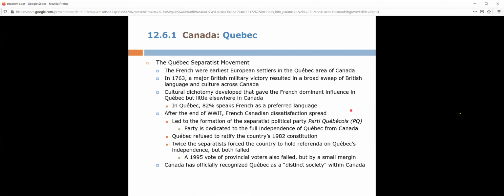In case you weren't aware, Quebec wants to be its own country. I know, it seems kind of weird, right? But Quebec was one of the earliest European settlements in Canada. In 1763, they had a major British victory, resulting in broad, sweeping British language throughout the country.